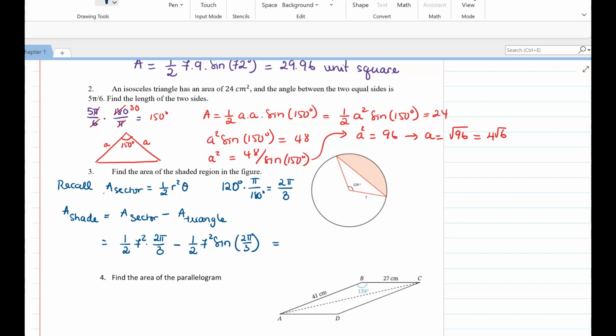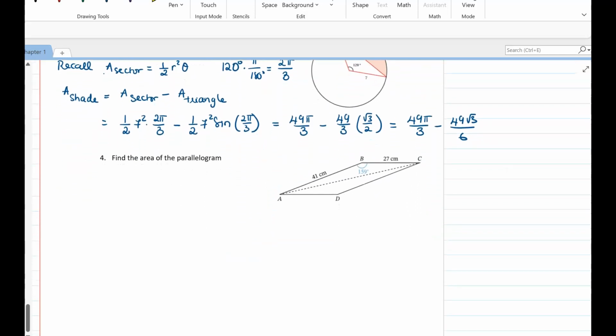Simplify this a little bit: that is 49 pi over 3 minus 49 over 3 times sine of 2 pi over 3, that is root 3 over 2. So then here we have 49 pi over 3 minus 49 square root 3 over 6. Now we can leave this as the exact answer like this, or you can calculate this out using the calculator and round to however many decimals are needed.